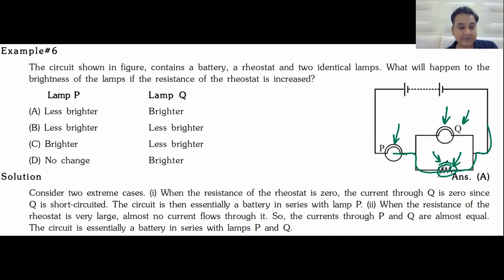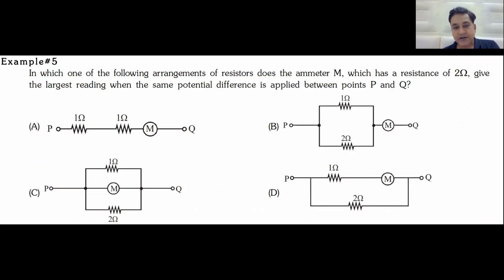Single option. Here it comes. In which of the following arrangements of resistors does the ammeter, which has a resistance of 2 ohms, give the largest reading? When the same potential difference is applied across points P and Q, M is the ammeter.